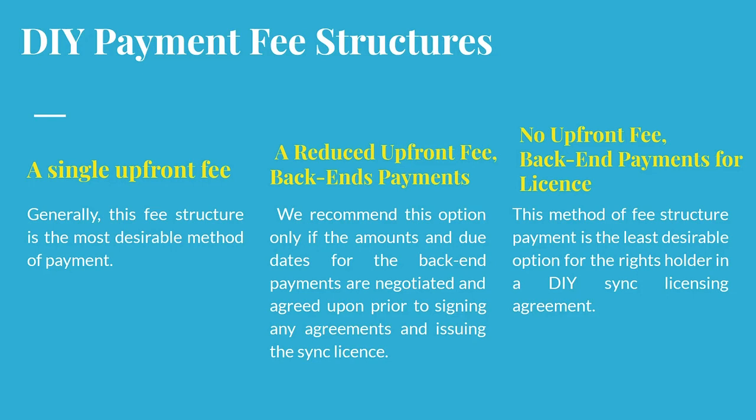The next one is very similar to the first one, which is a reduced upfront fee and then some back-end payments. So very similarly, there'll be a larger sum at the beginning, probably right upon signing, and then some payments later. For this, we strongly recommend that the dates of when those back-end payments will be done is set out at the get-go.